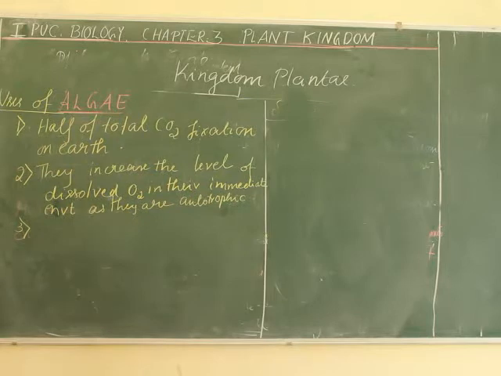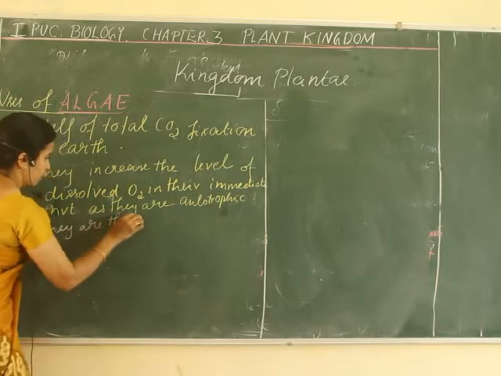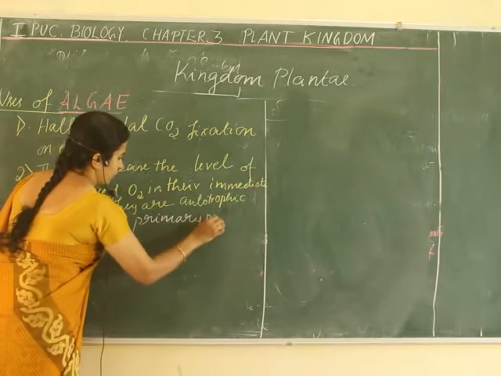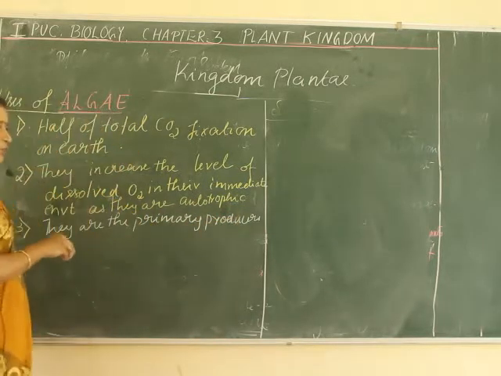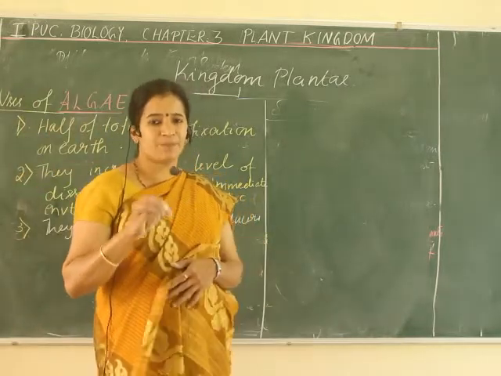The third use of algae is that they are the primary producers. Right, you can accept this. If you take a simple food chain, you know that it starts with a plant.